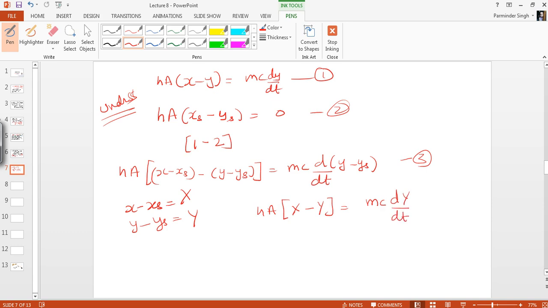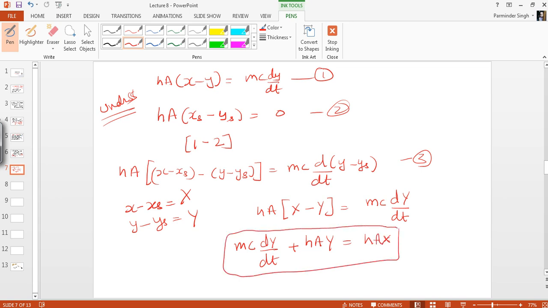Clear? Upon rearranging, we have mC dY/dt plus HA Y equal to HA X. Now this is of first order, so the thermometer behaves in the first order.